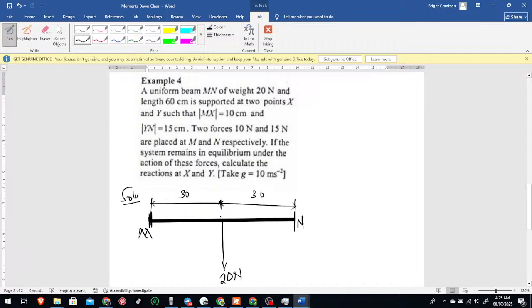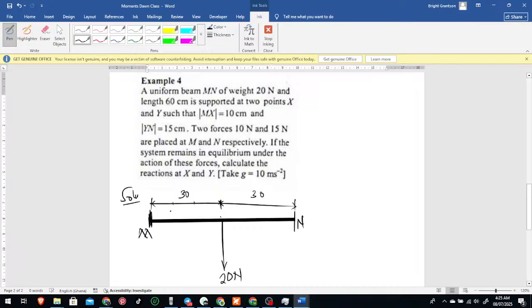It's supported at 2 points X and Y, such that M and X is 30. So now if here is 30, you can divide it into 3 so that you get what? 10, 10, 10. Right?